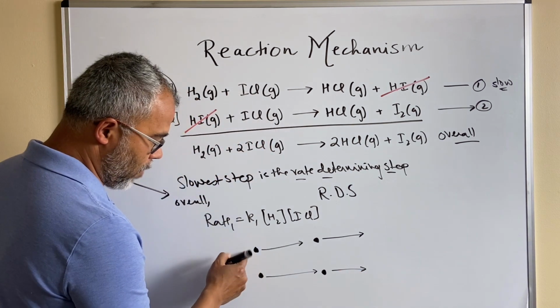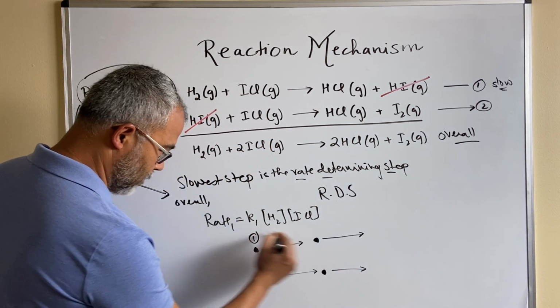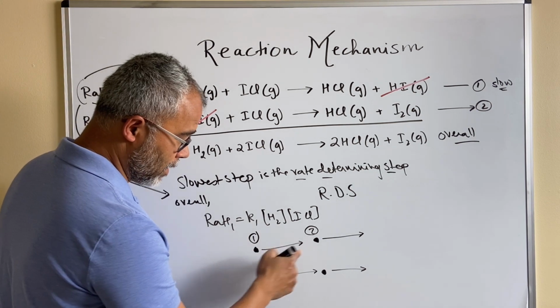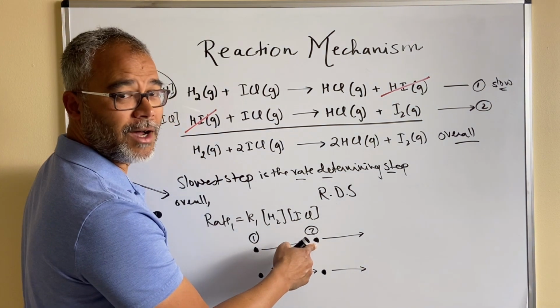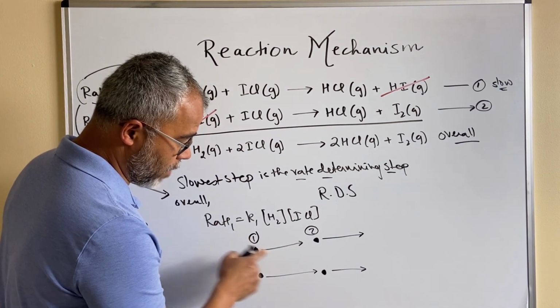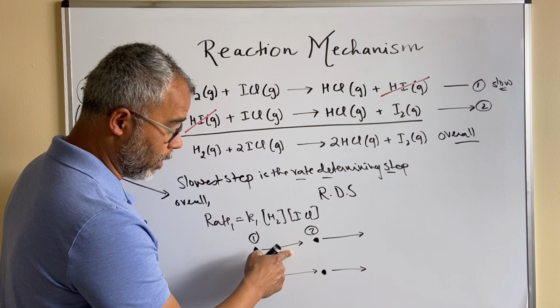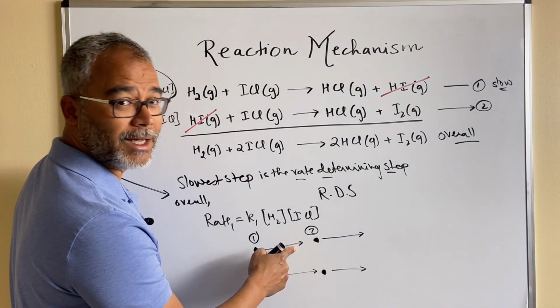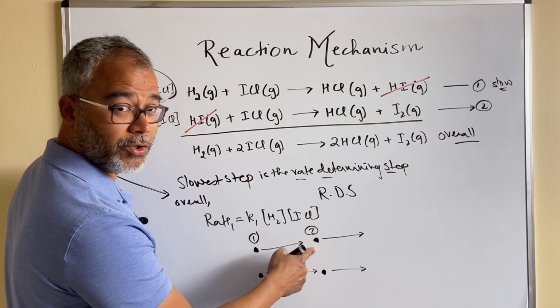Now if runner 1 is slow, then it doesn't matter how fast runner 2 is. Runner 2 can only start running after runner 1 has reached runner 2.